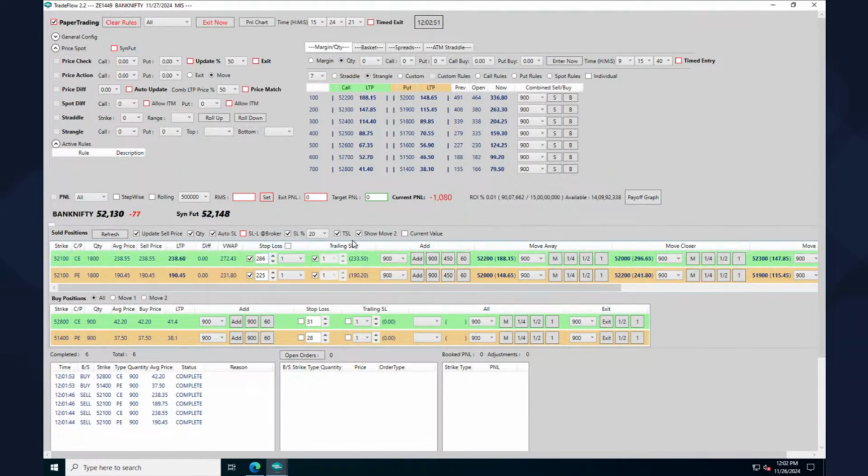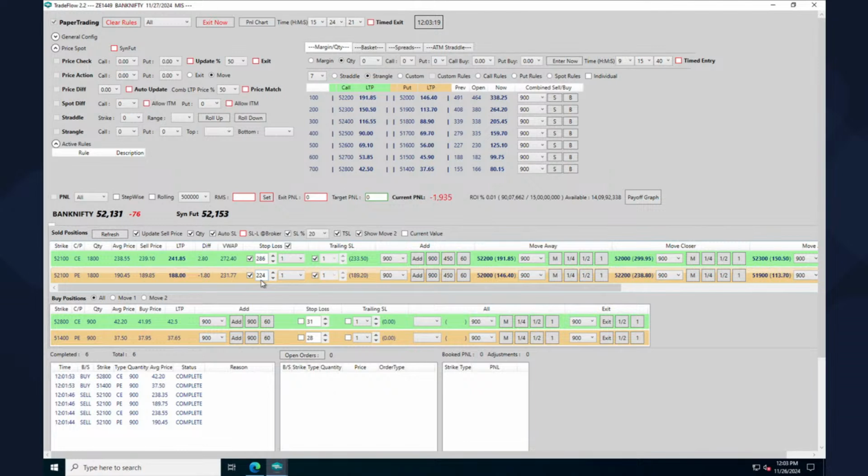And then this TSL is trailing stop loss. Right now, what we did was we took a benchmark of 233 rupees. If the price goes below 233, the trailing stop loss will also change, so this will become 280.60, it will become 285. And same thing here. Here it's 190. In case it goes to, let's say, 185, which is 5 points below, right?